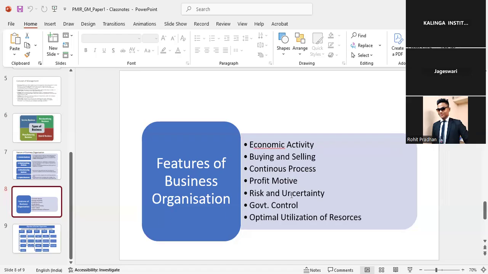So those objectives are different types, like what a business can do for customer, what a business can do for the country, what the business can do for the society, wherever they established, what the business can do for the nations, for the international aspect. So there are different characteristics of the business.